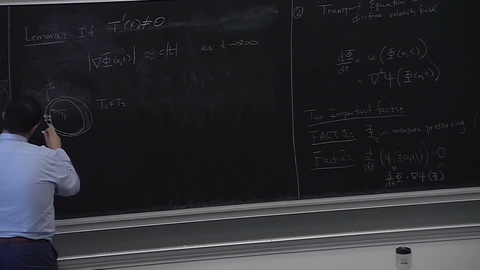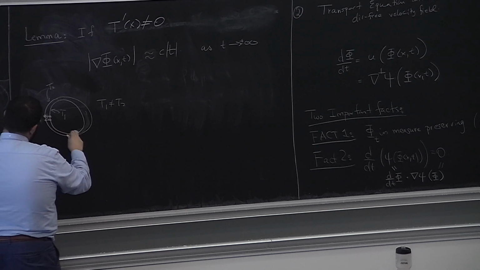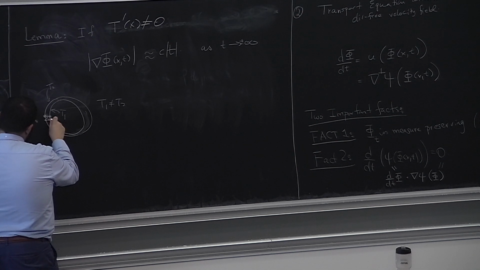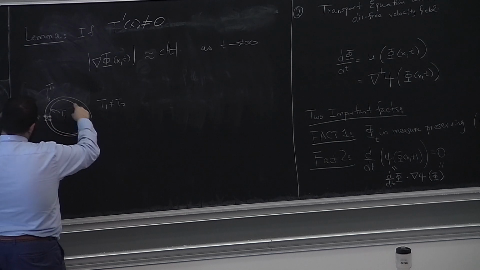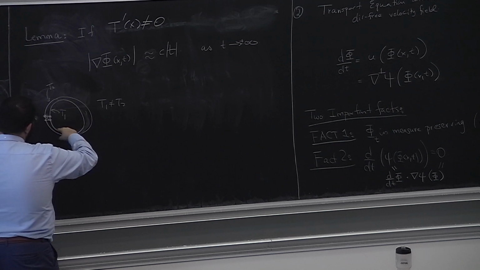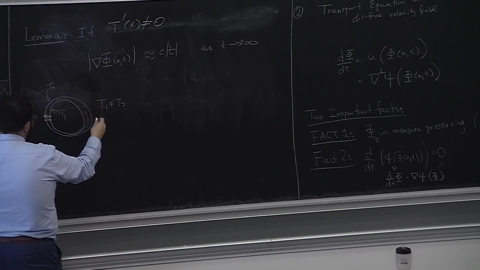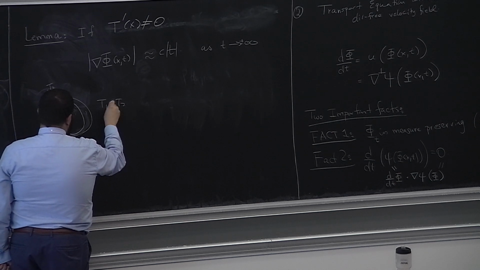But these points are going to go around the center in time T1. So let's just say T1 is less than T2.